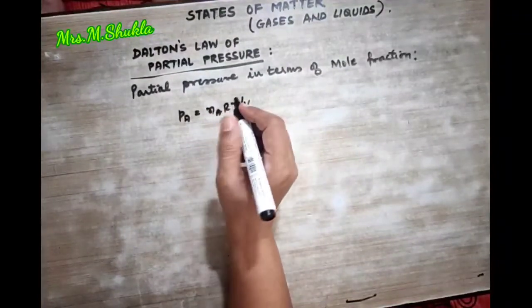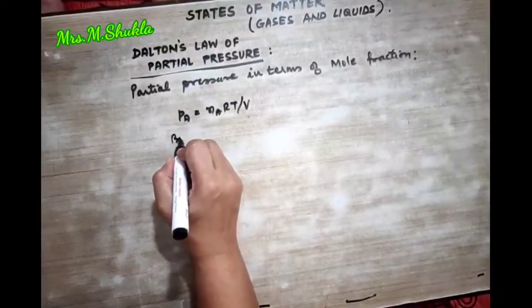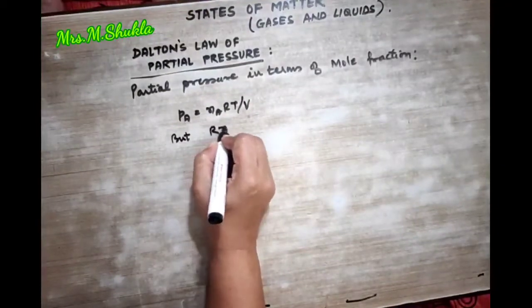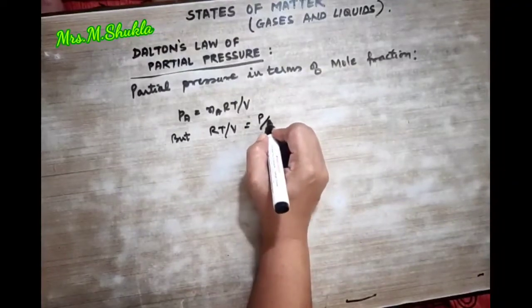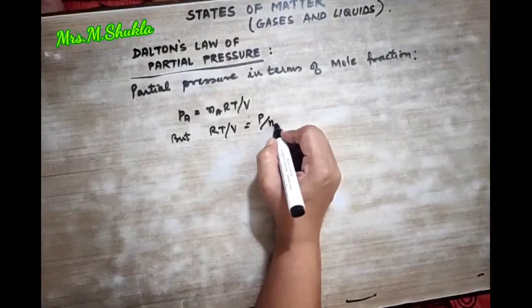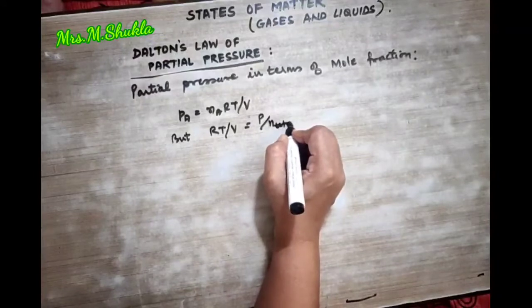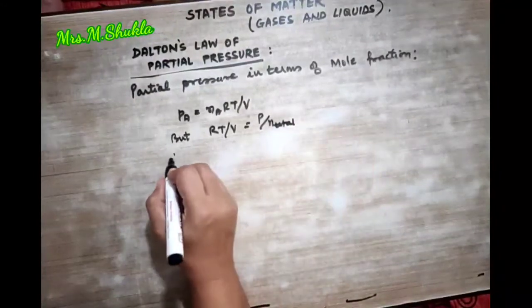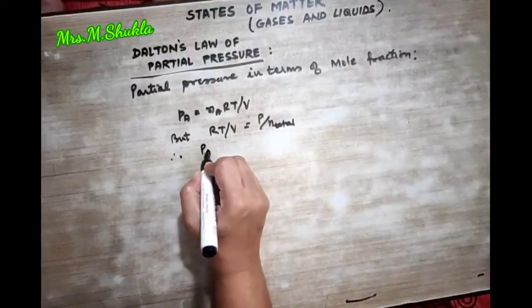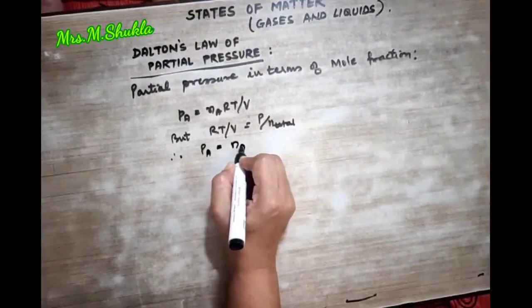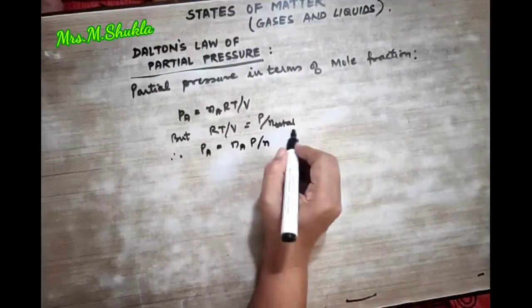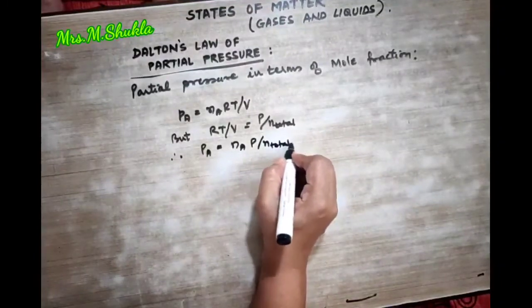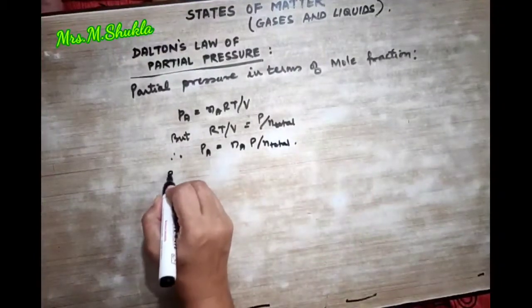This I had already told you. But we also know that RT by V is equal to P upon n, the total number of moles, isn't it? Therefore, we can say that PA is equal to nAP upon the total number of moles, right?